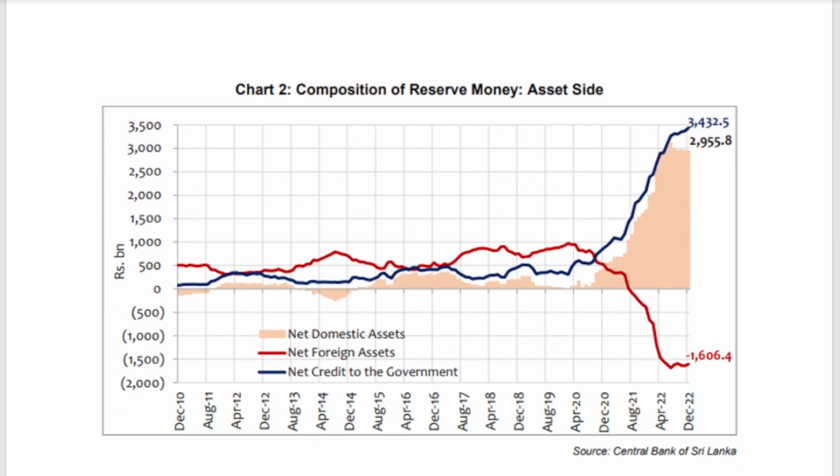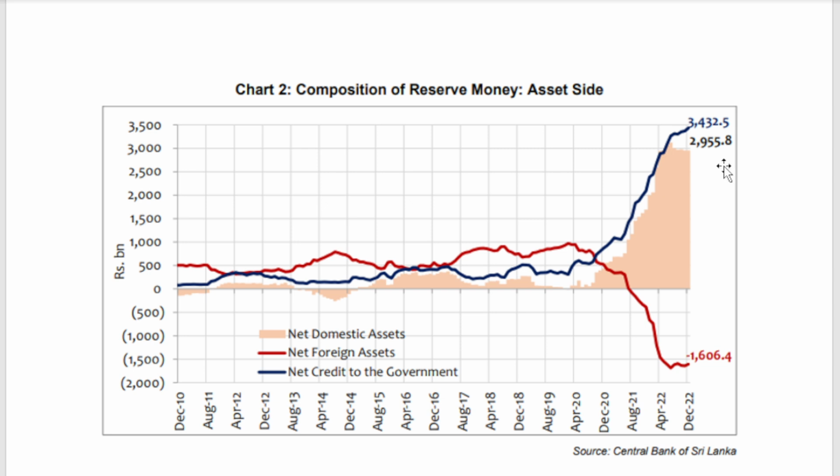This shows what we have discussed previously, and by end of 2020 we can see net foreign assets have recorded a negative figure. That means foreign borrowing or foreign loans were there.